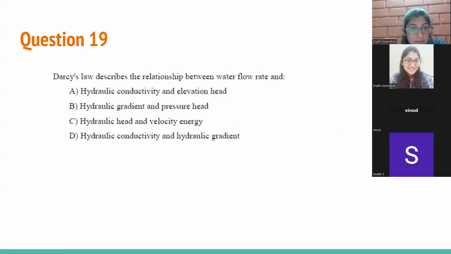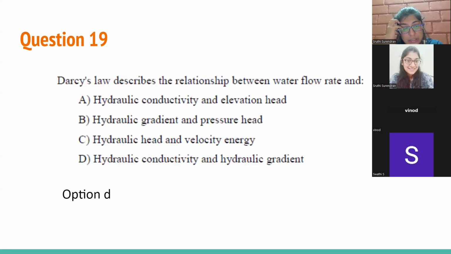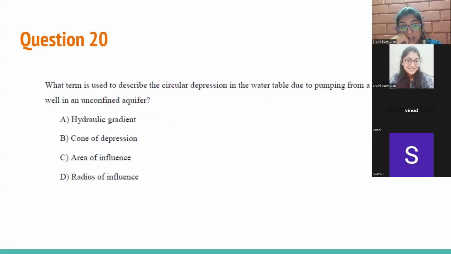The first three options are not possible. It is not talking anything about the energy of water. It is talking about the flow rate as well as the velocity. And in both of those quantities, the flow rate and velocity, what is common is the hydraulic conductivity and hydraulic gradient. So the correct answer is option D, hydraulic conductivity and hydraulic gradient.